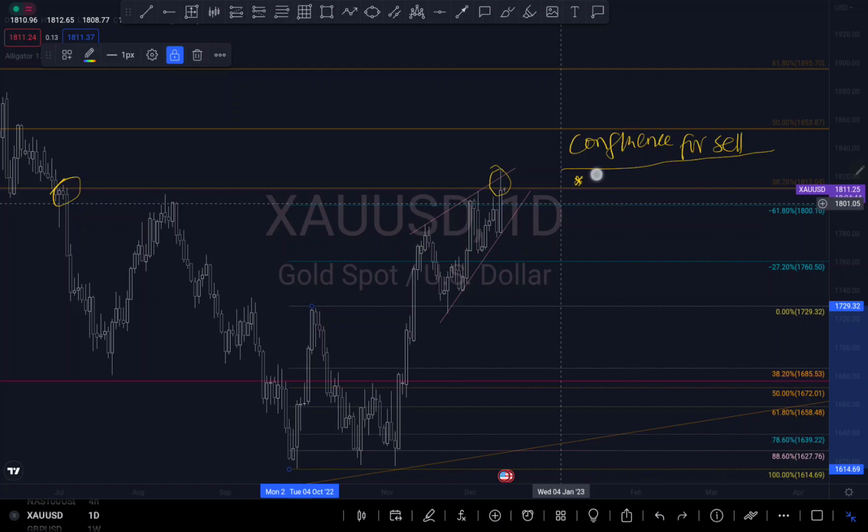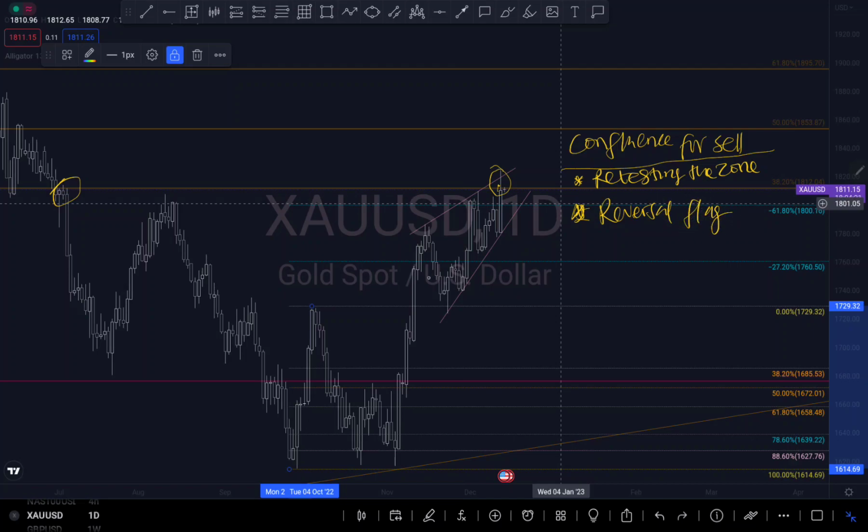So it keeps retesting the zone. So that's one confluence, and I can see it did not even close above the zone, which is good.